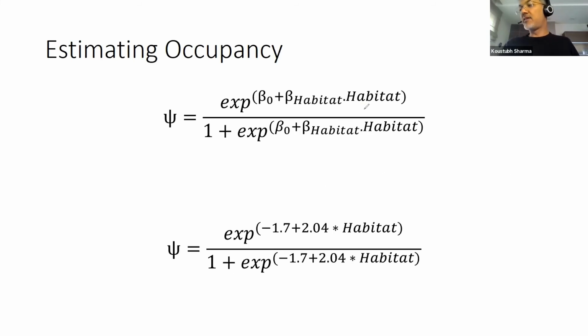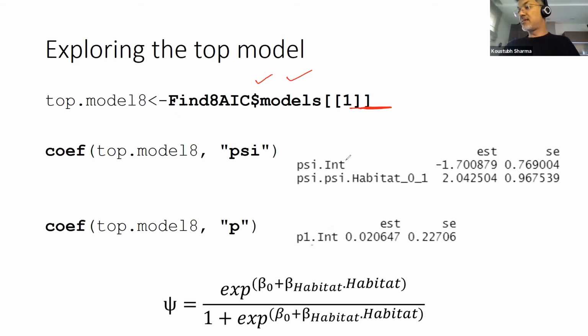If you have the value of habitat for each sampling unit, what our occupancy estimator has done is it has given us a value of beta 0 and beta habitat, which here are these two values. You look at it here. This is my beta 0 and this is my beta habitat.